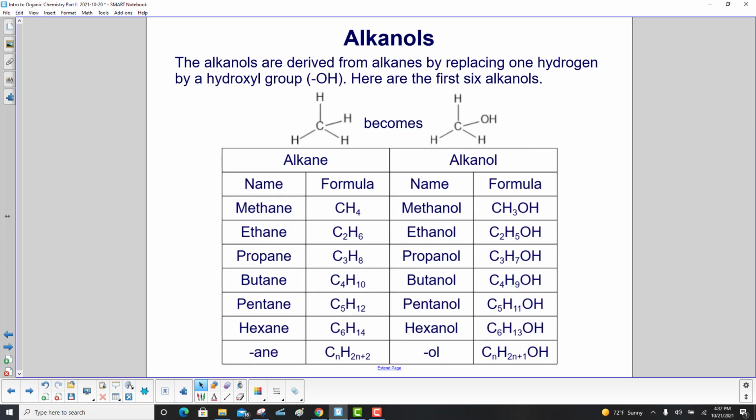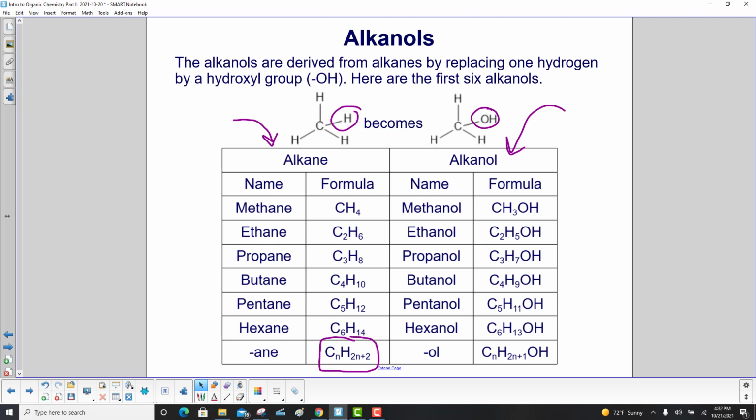So the alkanols, that's over on this side, are derived from the alkanes over here by replacing one hydrogen with a hydroxyl group. Here are the first 6 alkanols. And here's the formula for alkane. Alkane is CnH2n+2.